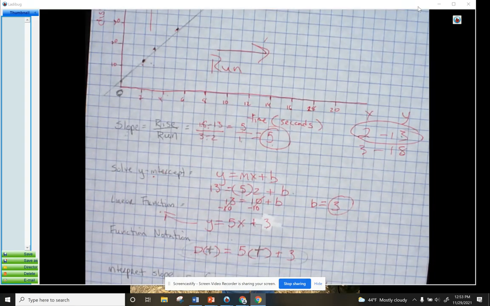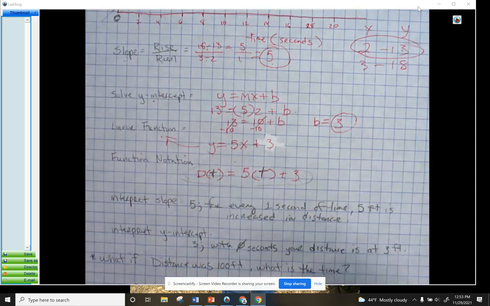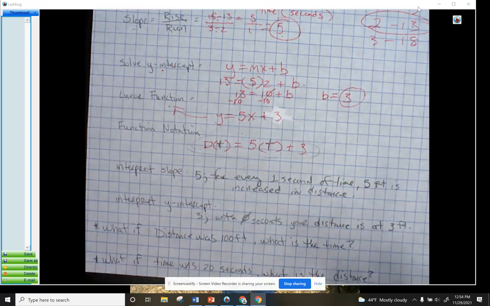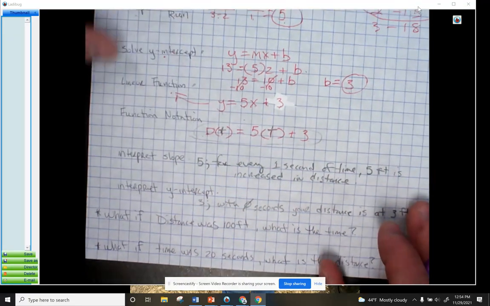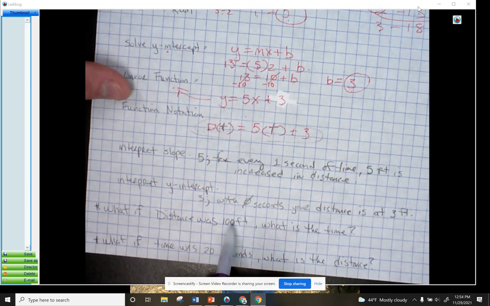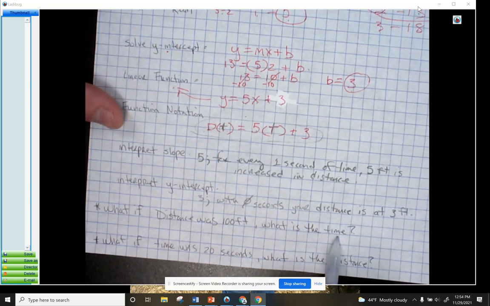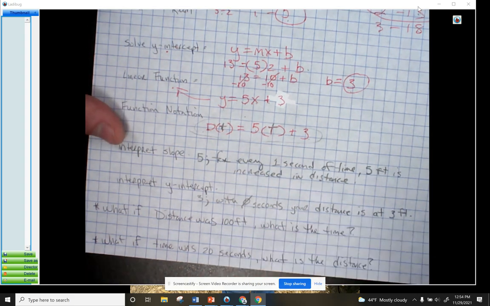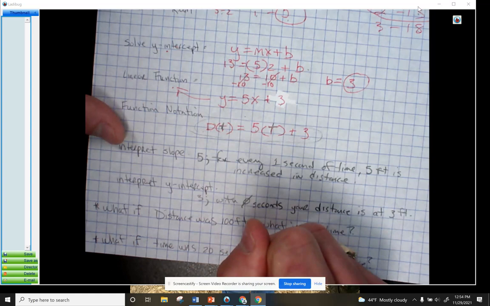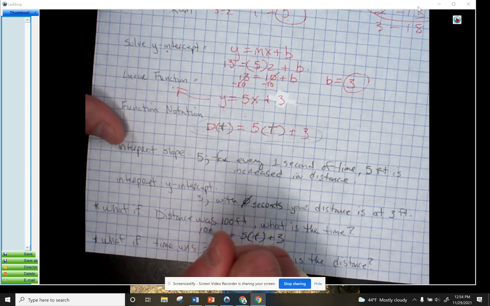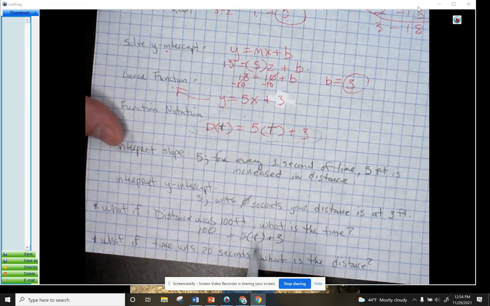Okay, so at this point, the last thing that you could do is use this function notation to solve for other what-if scenarios, inferring some answers. So what if it's a distance of 100? What is the time? We'd plug in 100 for the distance. So 5 times time plus 3 equals 100. We want to solve for time.